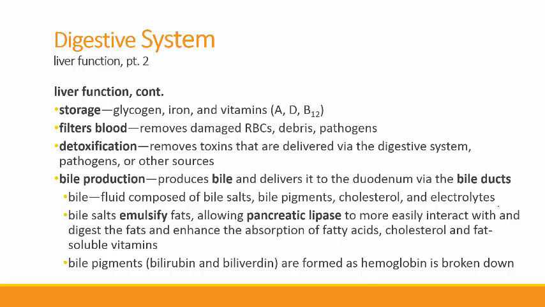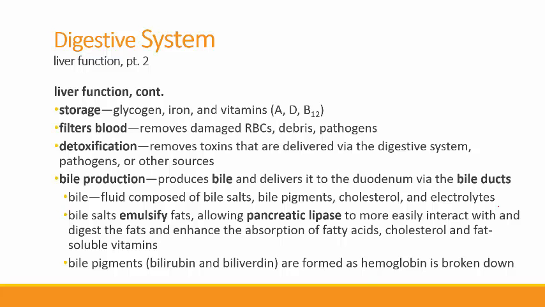Each of the cells has a large collection of smooth ER, and that smooth ER is the surface on which many enzymes are found that are responsible for detoxifying the toxins that are delivered to the liver by the digestive system. It also removes pathogens or the toxins produced by pathogens. And then, last of all, is the function of producing bile.